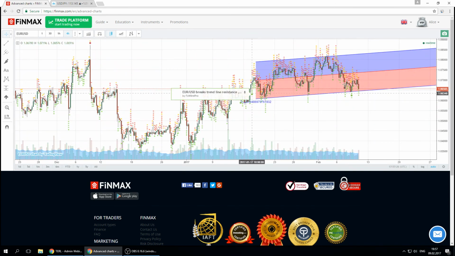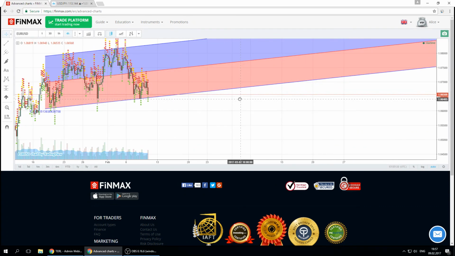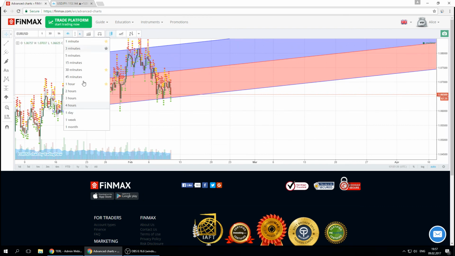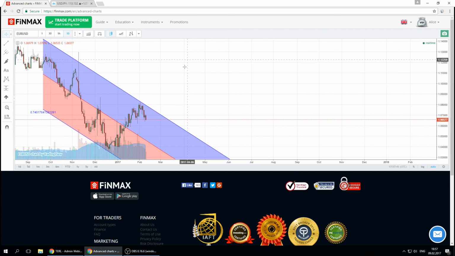Well, EUR/USD in the 4-hour time frame is moving in a corridor, but we can say that it's going a bit up. On the 1 day time frame, it shows the opposite direction. If you are trading long term, it's better to pay attention that the trend is going down.